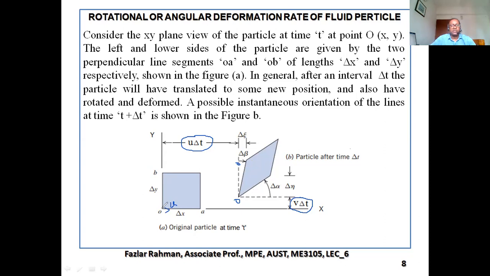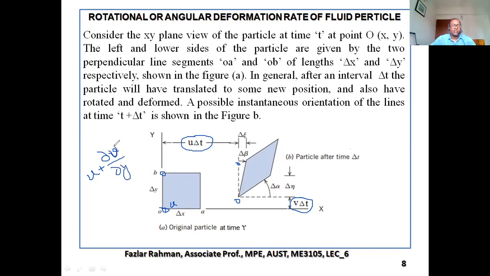If it is right over, what will be the velocity at point B? We can easily figure it out by Taylor series. That will be u plus the change in velocity along the y direction, which is del u by del y into delta y.